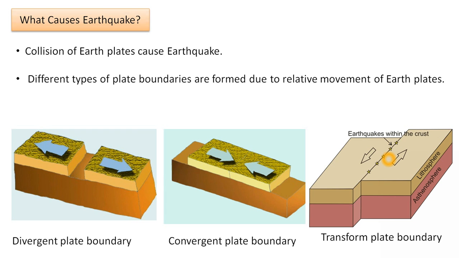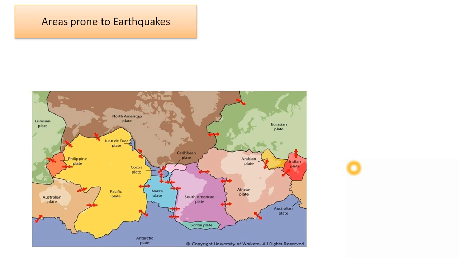So these are three important types of plate boundaries which are formed due to movement of plates with respect to each other. Now that you have understood what causes earthquake, can you tell, just looking at this entire picture of earth, which areas are going to be more prone to earthquakes? Definitely the areas exactly at the plate boundaries, right?